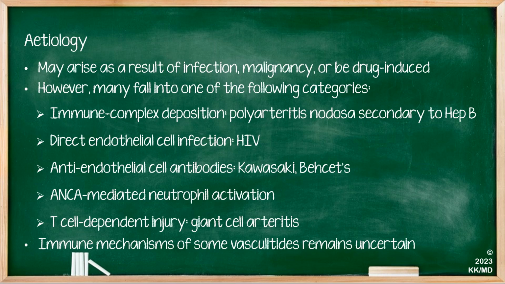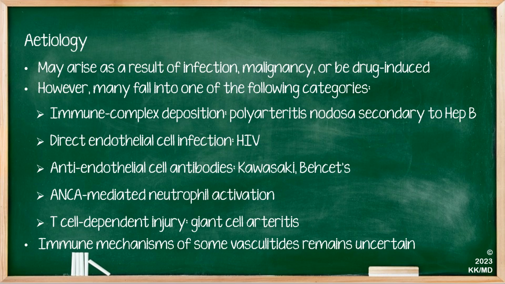And an example of this is polyarteritis nodosa, which is usually, in a lot of cases, secondary to hepatitis B. The second form may be direct endothelial cell infection, such as the case in HIV. The next form is anti-endothelial cell antibodies, such as is seen in Kawasaki disease and in Behçet's disease.